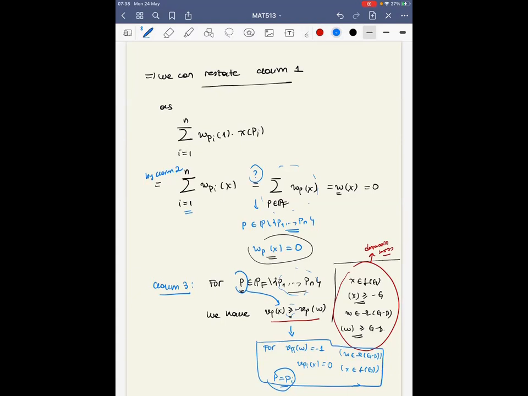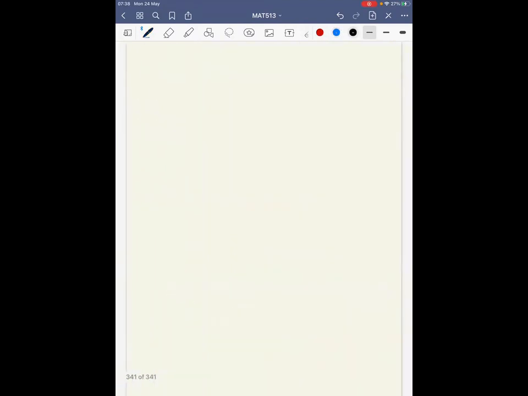And if this is the case, again, by prop 173, we can conclude that this local component of X is 0, because having no poles, VP of omega is bigger than or equal to VP of X, so this denotes the integer.